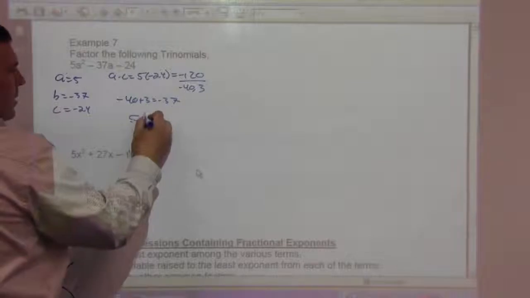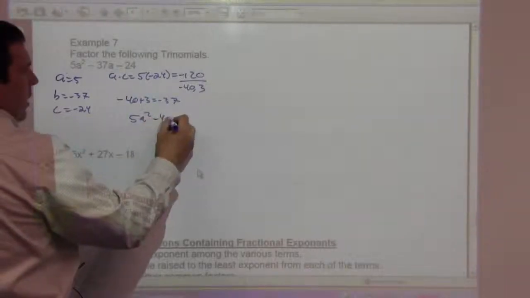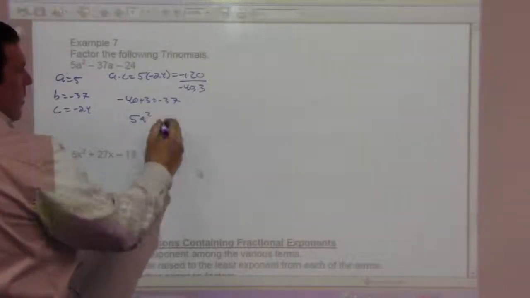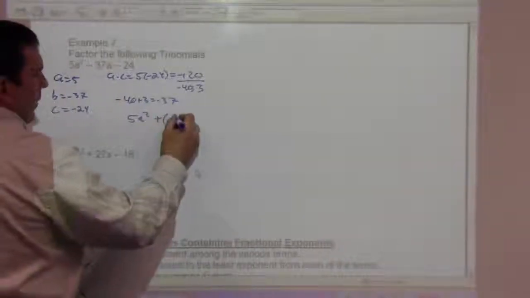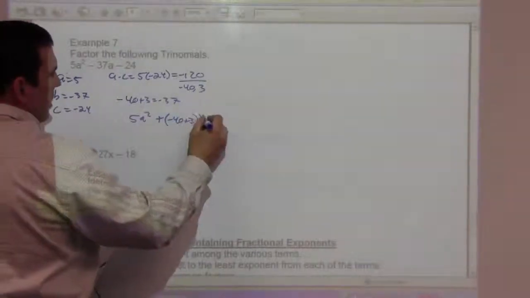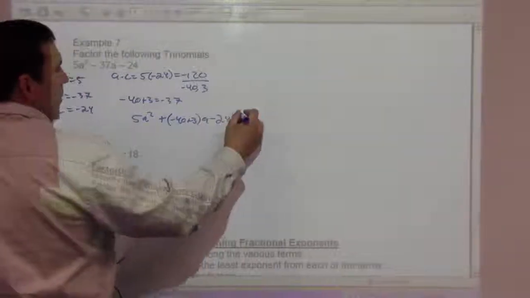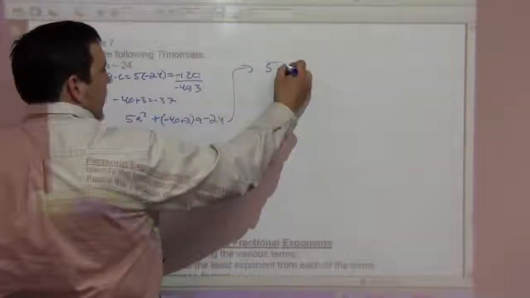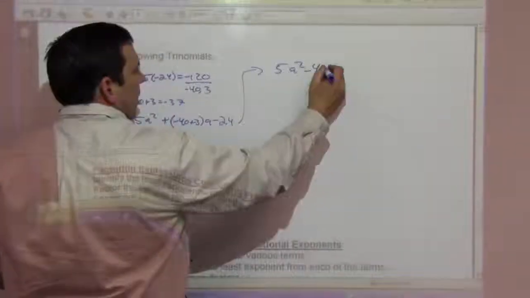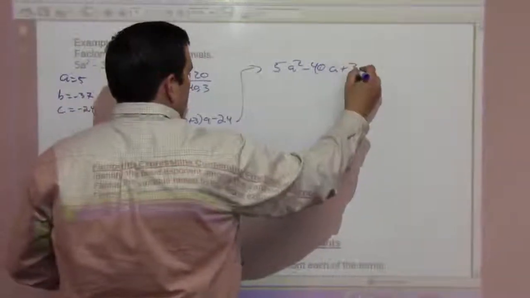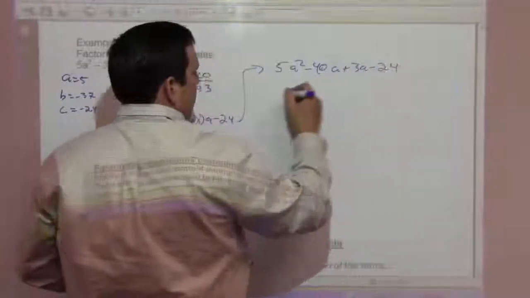So it's going to be 5a squared, plus negative 40 plus 3 times a, minus 24. So it's 5a squared minus 40a plus 3a minus 24.